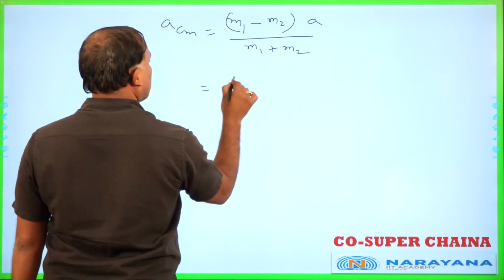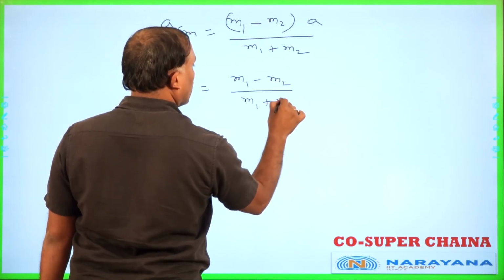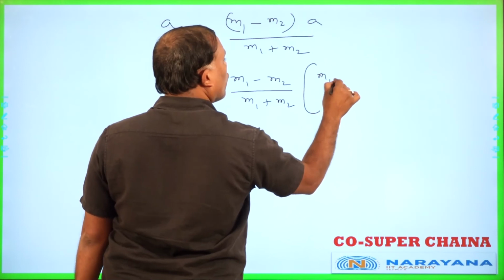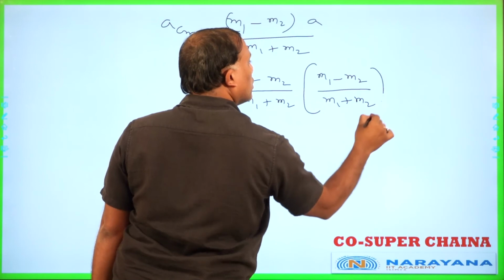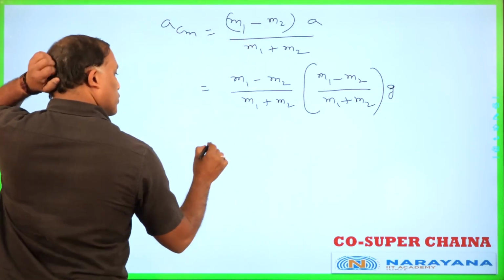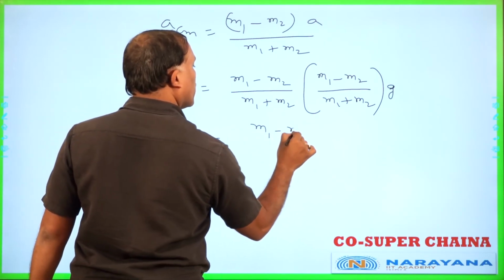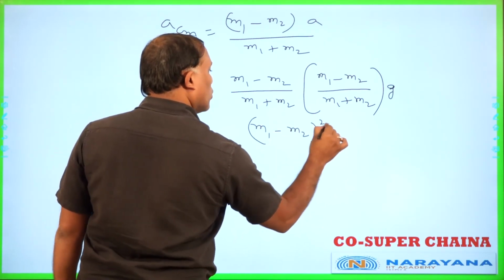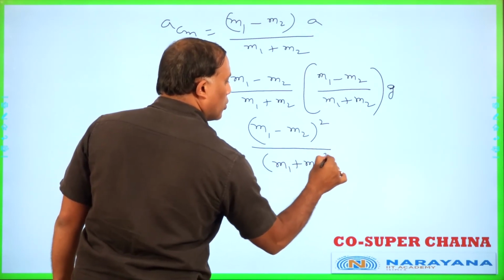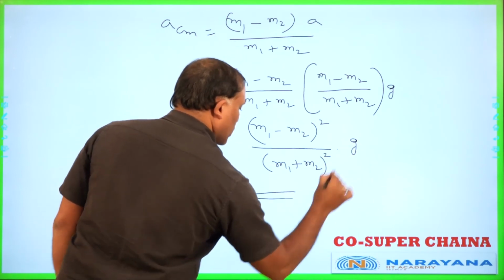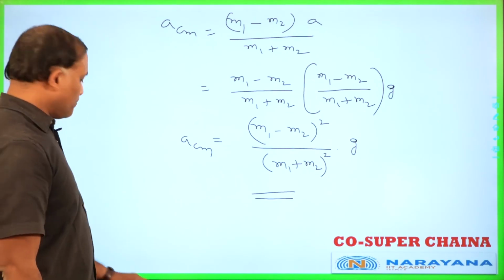By substituting the acceleration value here, that is m1 minus m2 by m1 plus m2 into gravity. Simplifying that, we get the answer as m1 minus m2 whole square by m1 plus m2 whole square into gravity. Just now we calculated this, once again, no problem.